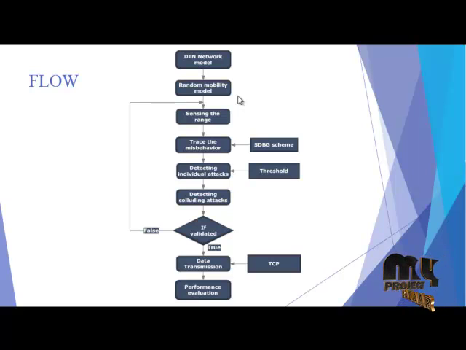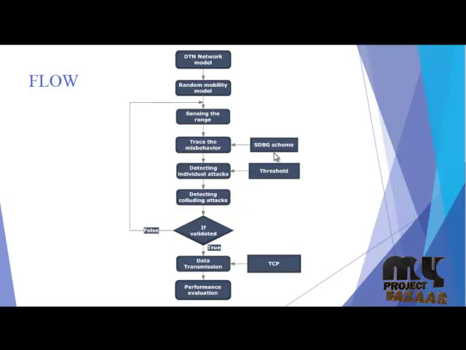First we detect individual attacks using threshold values. Once the individual attacks are detected, we also find the colluding attacks, which drop lots and lots of packets from the source. If all these attackers are detected, we send successful transmission using our SDBG scheme.